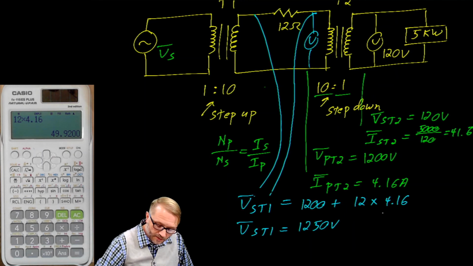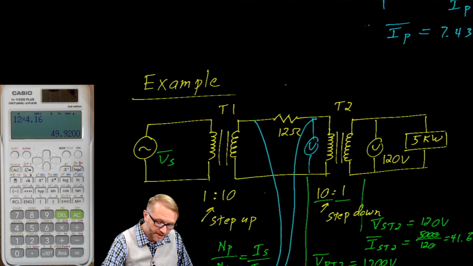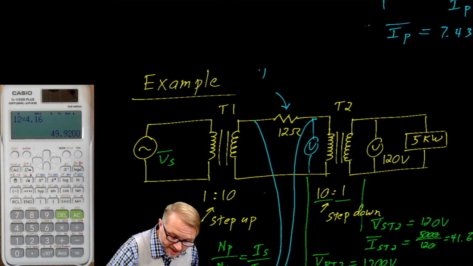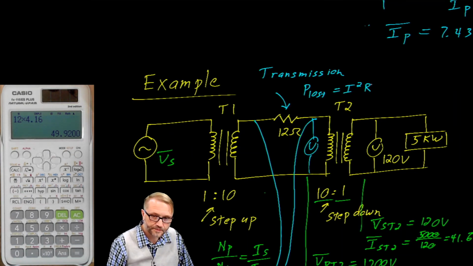Before we move on, I want to emphasize this point right here. That is a current. And the reason I bring it up is because this wire, this resistor, this transmission line, the transmission line has a power loss described as I squared R. If you want to minimize the loss, you have two options.